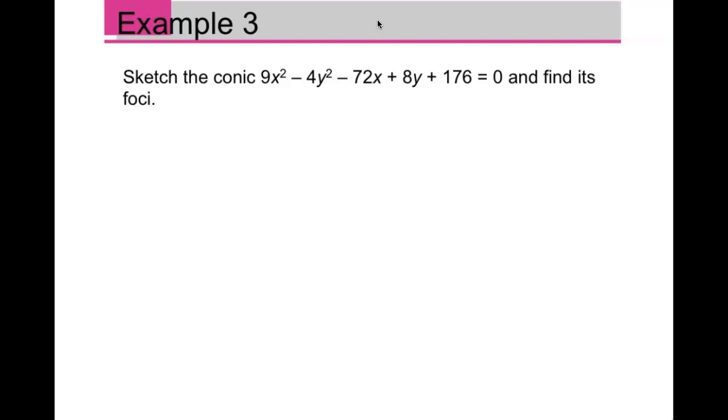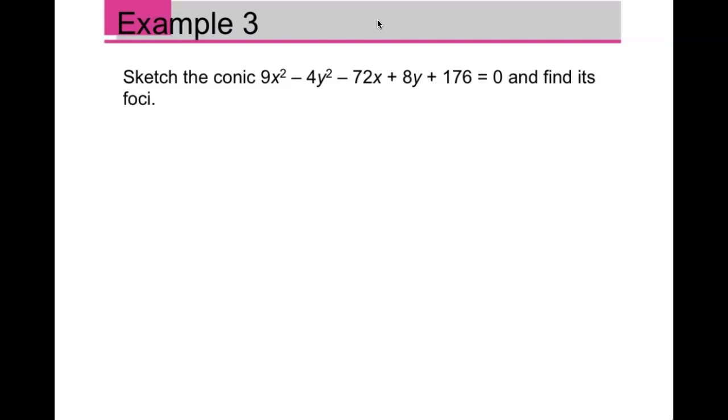So the way we start a problem like this, first of all, notice both x and y are squared. So what kind of conic does this have to be? It can be one of basically two types if both x and y are squared. Hyperbola or ellipse, right? Can't be a parabola. A parabola only has one of the variables squared. So this is either a hyperbola or an ellipse.